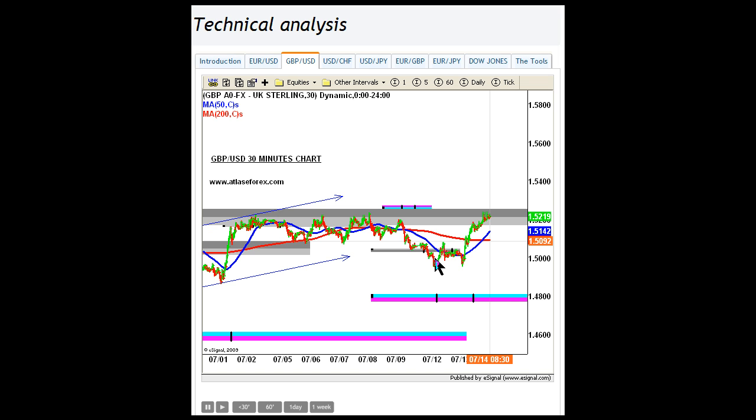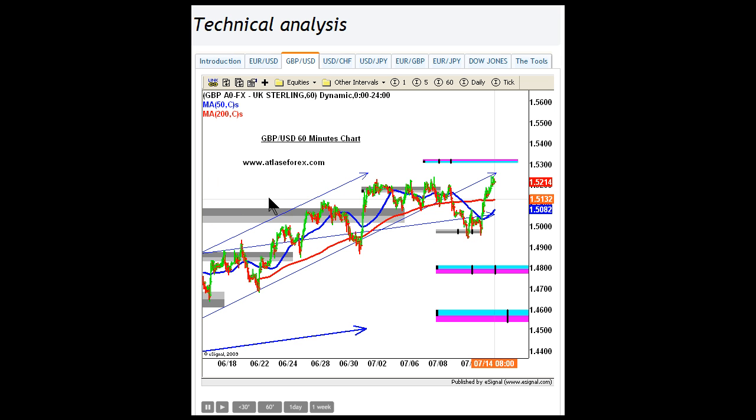We have forecasted 153. This side move on the 30-minute chart is not very encouraging for the development. Nevertheless, we have to watch this 50 moving average crossing the 200. Let's go up. 60 minutes. Doesn't talk to us.